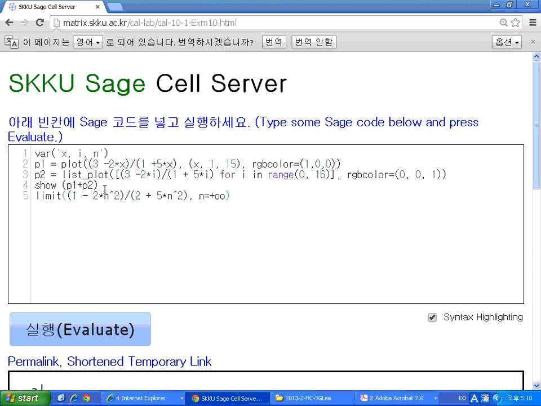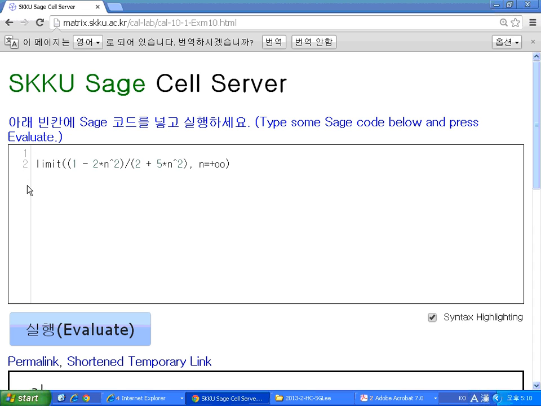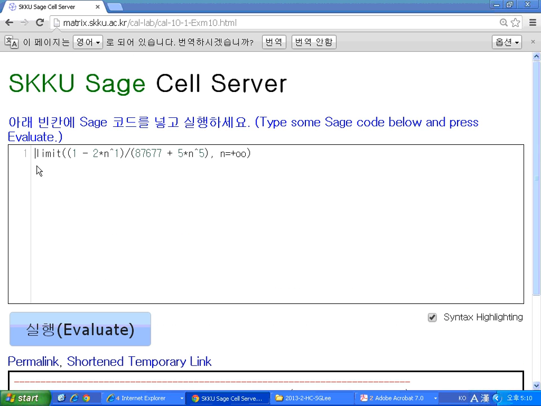If we change the function to maybe 1 or 5 or whatever, then we can also find the limit as the variable goes to infinity.